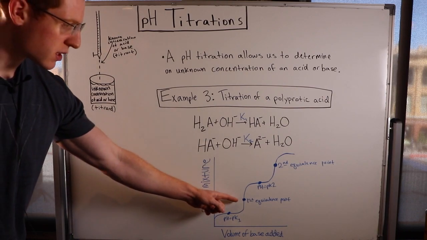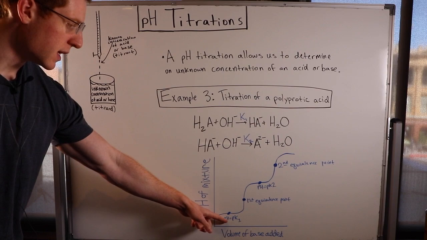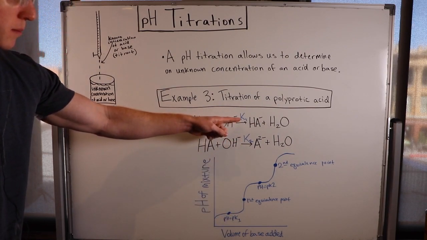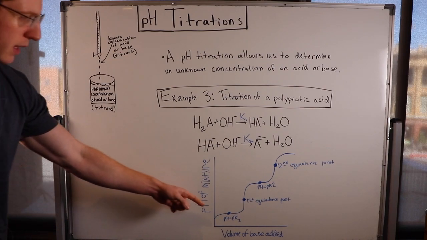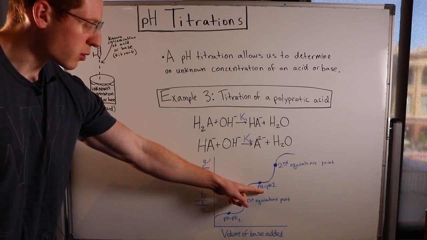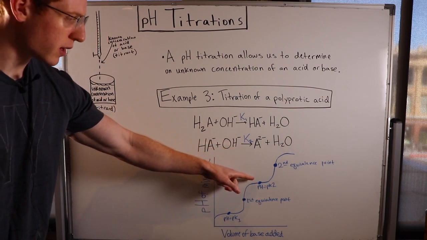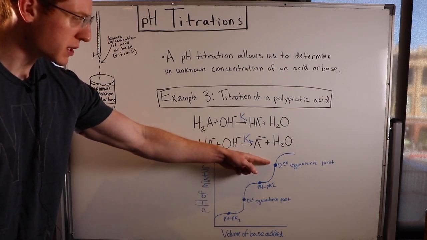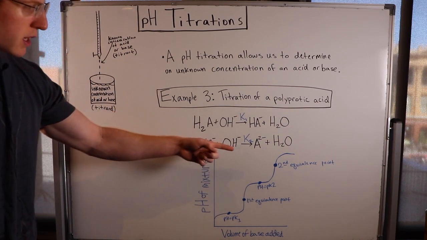And halfway to this first equivalence point is the first half equivalence point, where the pH of the solution actually equals pK1 for that first proton donation reaction. Then in the second half equivalence point, pH is going to be equal to pK2, where it is halfway to completely donating all of its second protons from the HA- to the A2-.